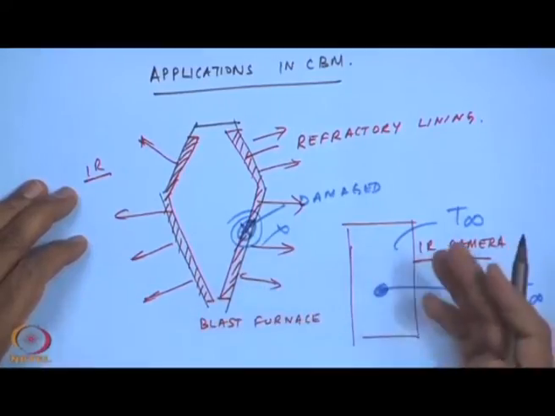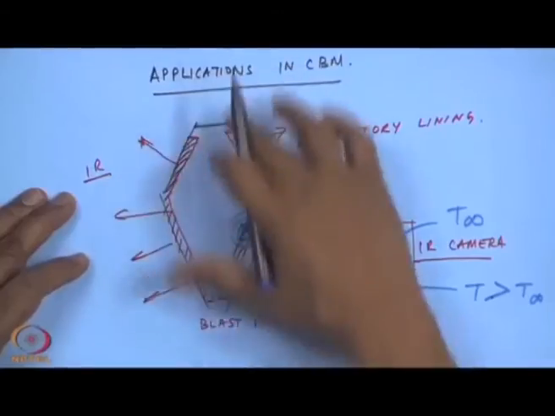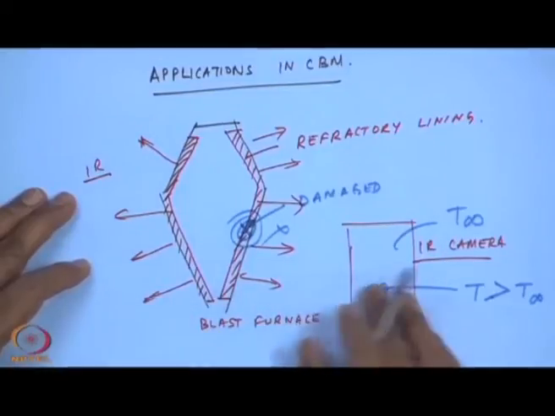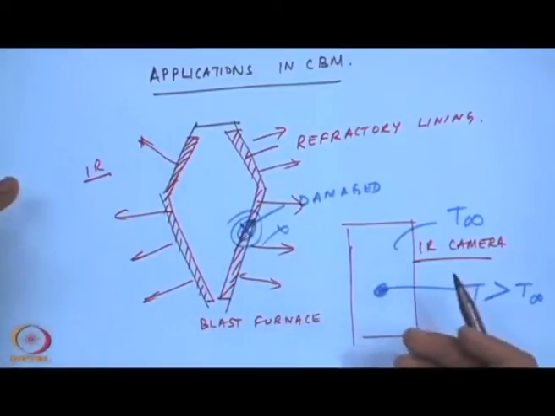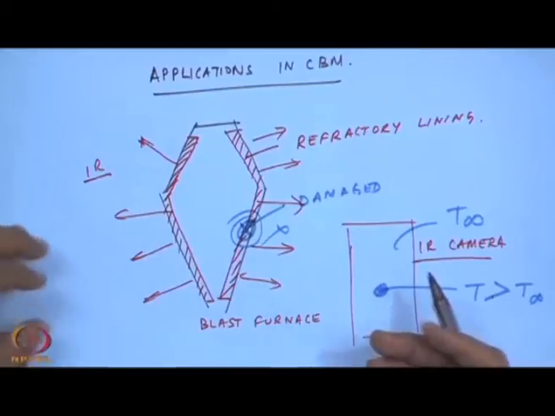And this gives us a quick way to find out that this area in the blast furnace is damaged. This would normally not have been possible by conventional temperature measuring. Imagine a large blast furnace about 20 meters in height, 4 meters in diameter. I mean, you just cannot put thermocouples and keep measuring. Okay. These are some of the areas, and another example I will tell you of how this has helped us in CBM.